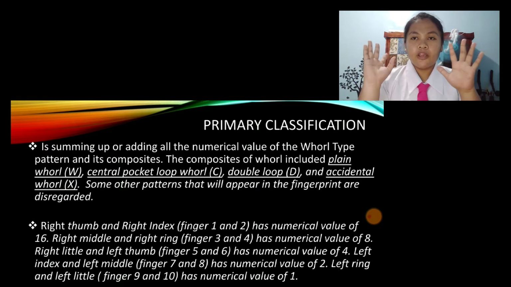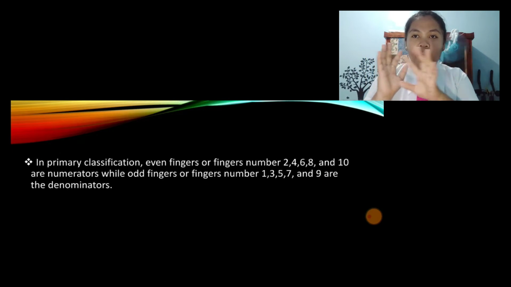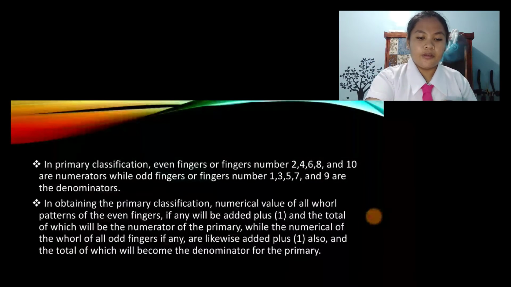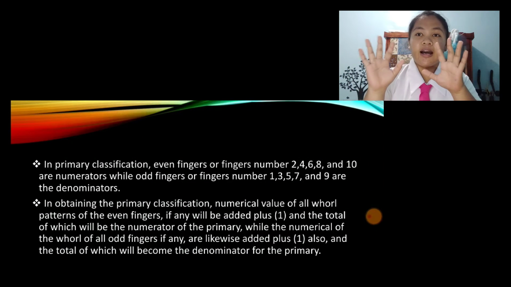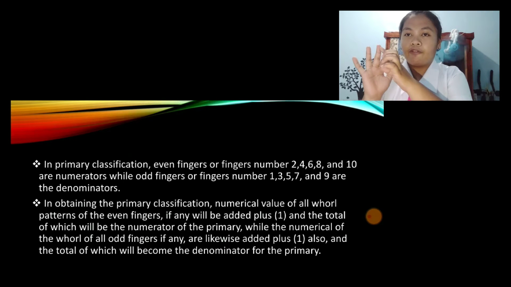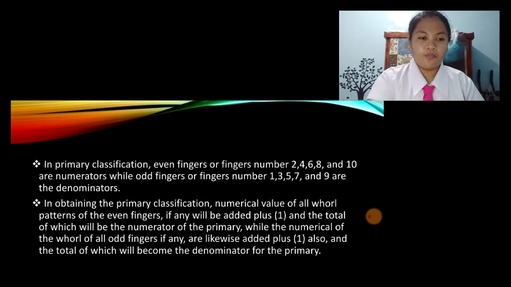So if whirl pattern and the composites of whirl pattern appear in these fingers, every assigned numerical value is summed up. We add all the numerical values if the finger is a whirl pattern or its composites.